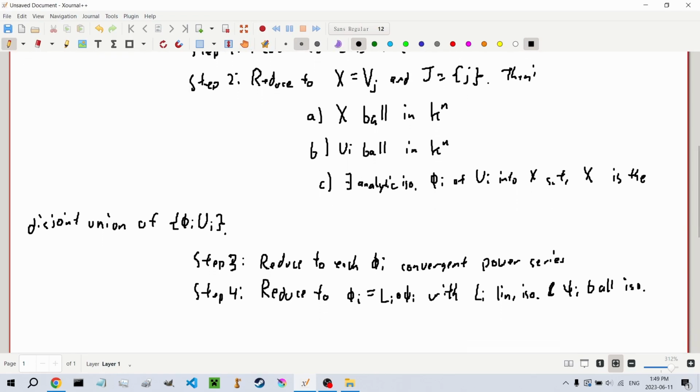And then it says we can assume that V_i is L_i.